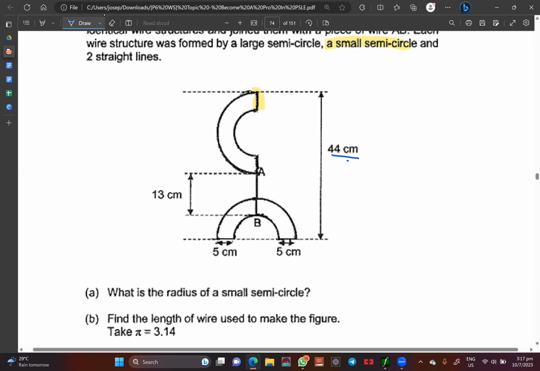Then we know that this is 13, so I can actually find out everything that is over here. Another thing I can do is find out whatever that is over here. This is 5. Where do you get 5? Because I saw that this is 5. You remember it is identical? So if this is 5, then this has to be 5 as well.